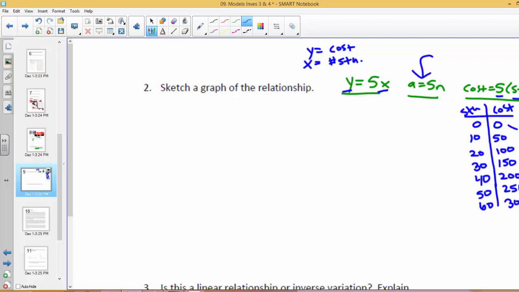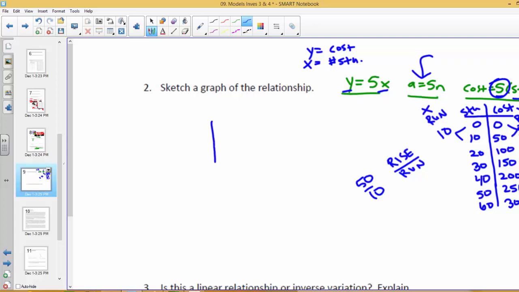So as you go up by 10 in the x, this is your run, you're going up by 50 in the y. This is your rise. And if you do the rise divided by the run, you still get 5, which is the slope that we already know.